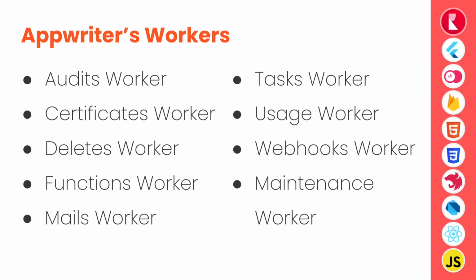Next, we have the functions worker. The functions worker again consumes from the functions queue and handles all the tasks related to Appwrite's cloud functions. Cloud functions in Appwrite can be triggered in 3 different ways. They can be triggered asynchronously using events, using a cron schedule, and also using the HTTP API.